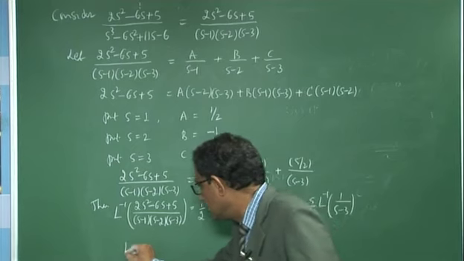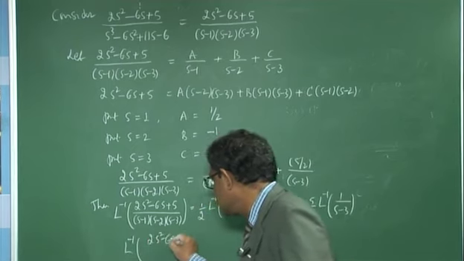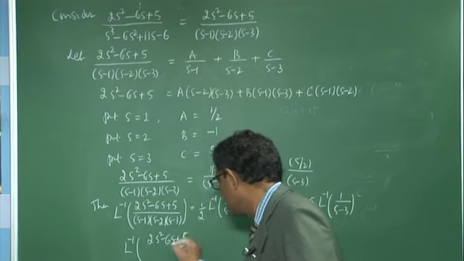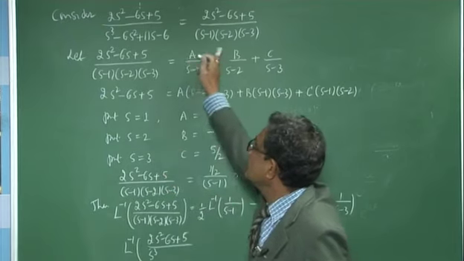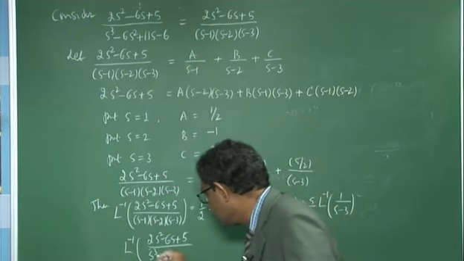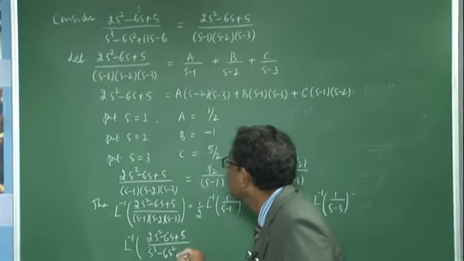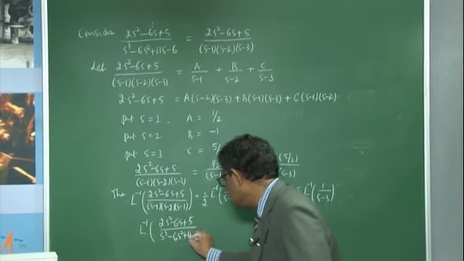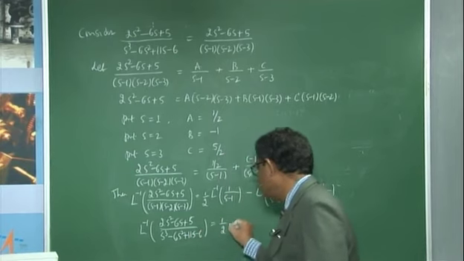What is the left side? L inverse of (2s² − 6s + 5) divided by (s³ − 6s² + 11s − 6), as given in the problem, equals the RHS.